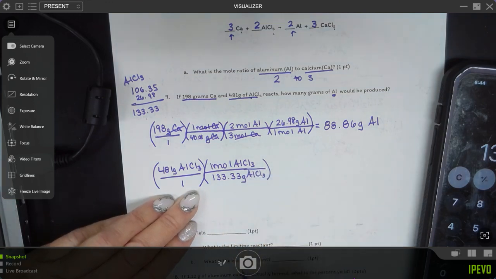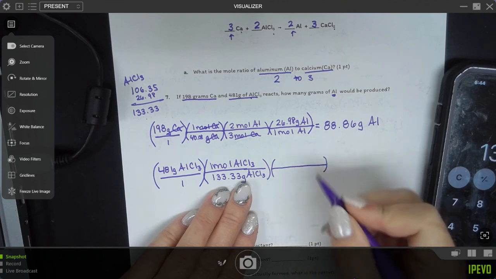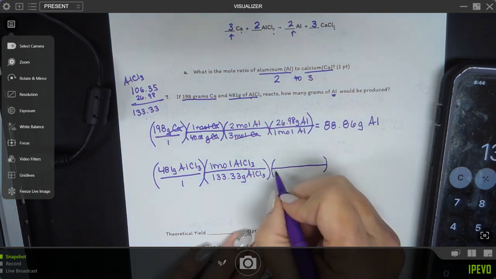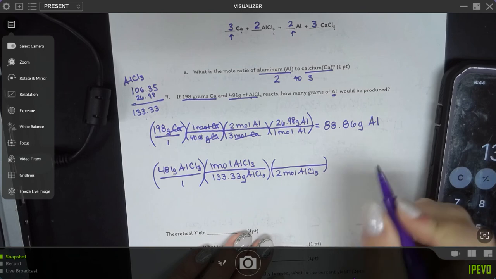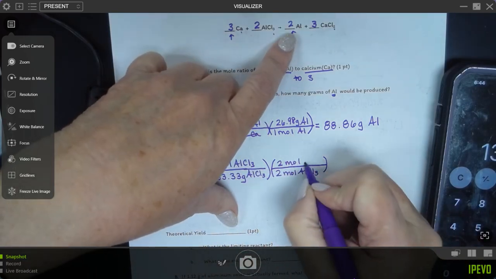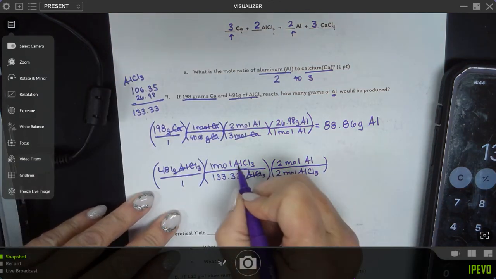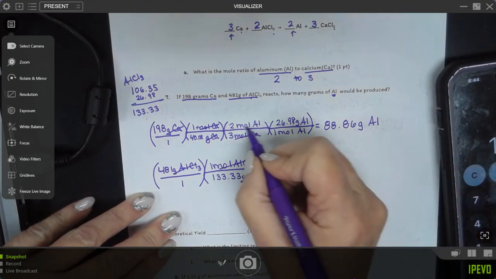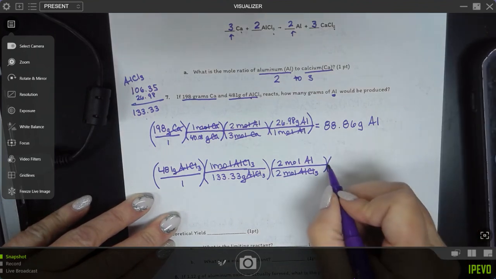Next step is our mole ratio step, where we go from moles of aluminum chloride to moles of aluminum. So up here I've got 2 moles and 2 moles of aluminum, 2 moles of each. Now remember, we're always wanting our units to cancel out. So far so good. And then finally, we want the molar mass of aluminum.